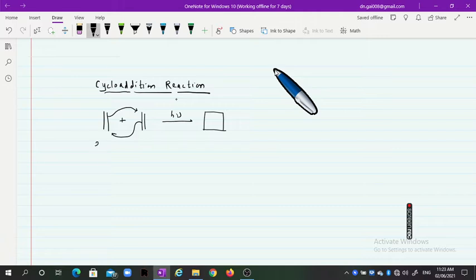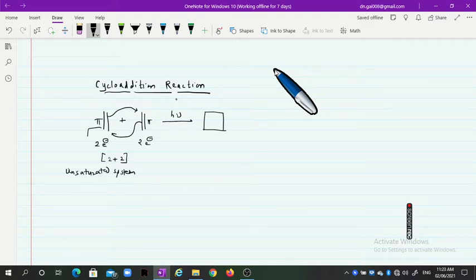Okay, this is two electrons for the pi bond, two electrons are there. For the second, there are also two electrons. Therefore, this is a 2 plus 2 cycloaddition reaction. In all cycloaddition reactions, the first unsaturated system is added to the second.